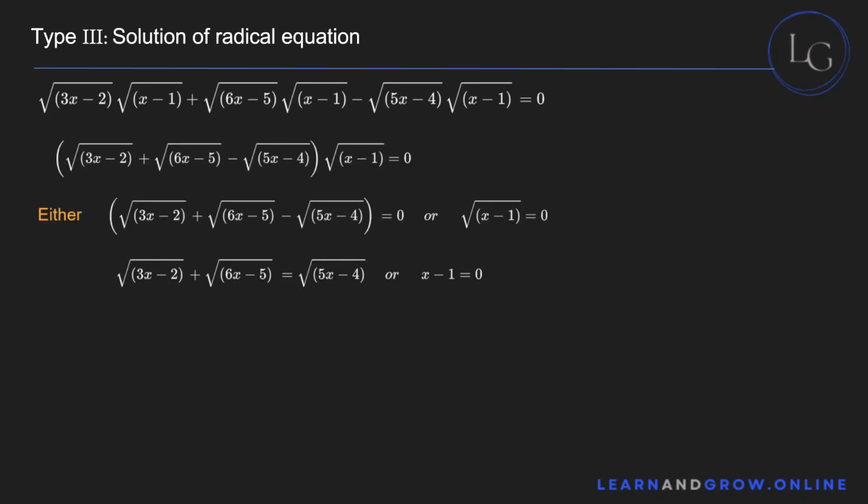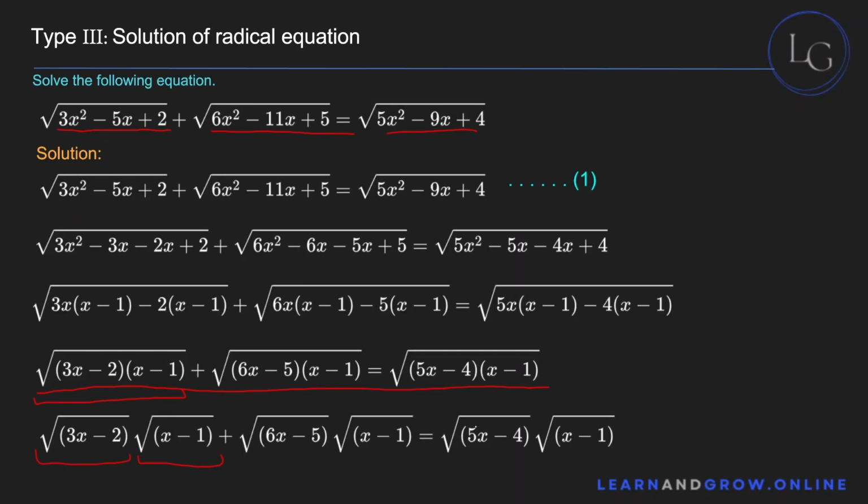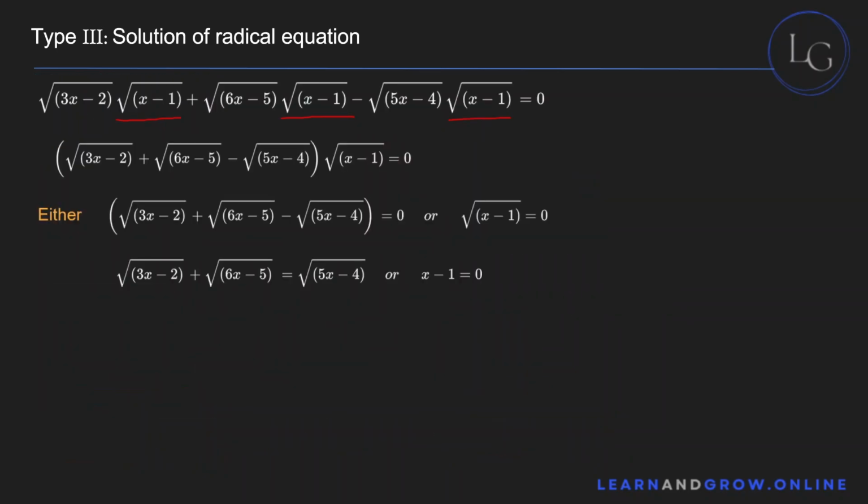Now, what you'll do here is you'll see that the x minus 1 whole under root term is common in all three terms. So first off, you'll take this term on the left hand side, because all radical terms must be on one side as per the rule.